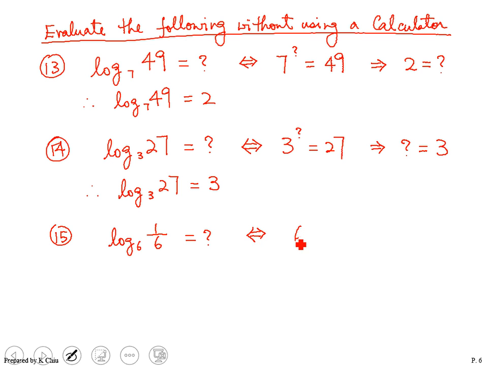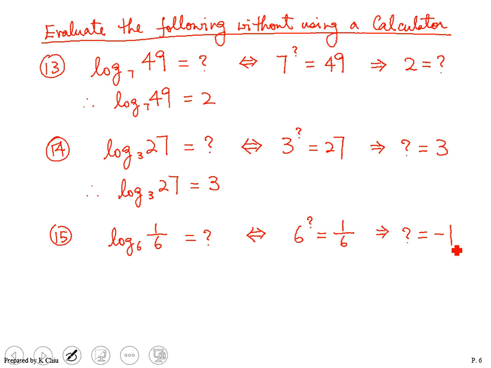I have 6 raised to the something is equal to 1 over 6. Can you tell what is the question mark? It would be negative 1. Very good. 6 to the negative 1 is equal to 1 over 6.